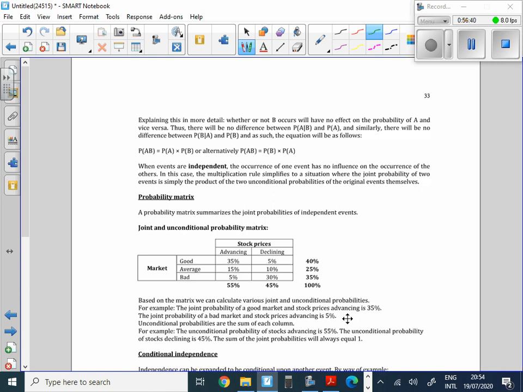Okay, we move forward. And again, when they are independent, and we've seen this before, what is the probability of A and B happening when they are independent of each other? That's the times rule. Remember that one? We saw that already. What's the probability of, for example, the share prices of 2 shares going up?